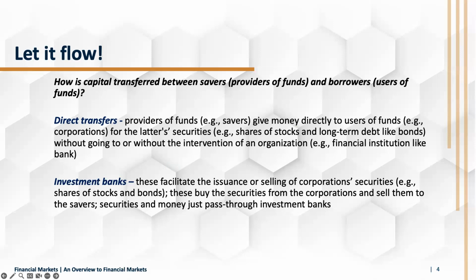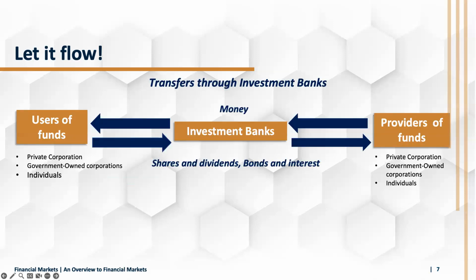So let's take a look at how investment banks aid in the flow of capital within the financial market. So let's see. It's like this. So, providers of funds, those who have excess money, meaning private corporations, GOCCs, or individuals, will go to investment banks to find their fair share of investment opportunities.